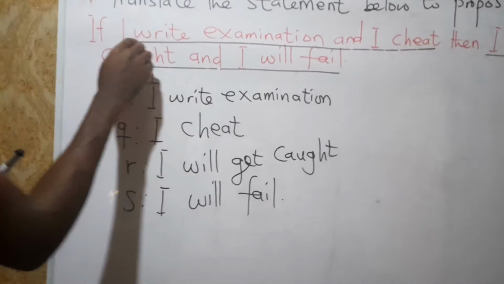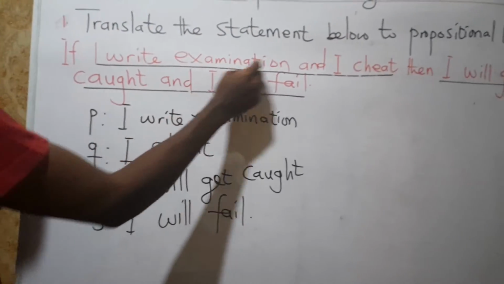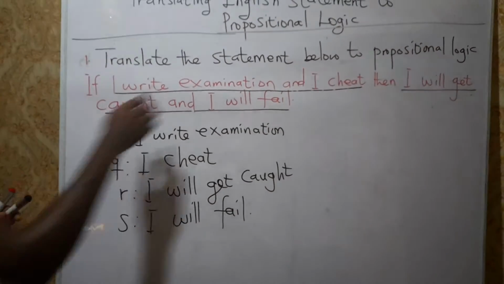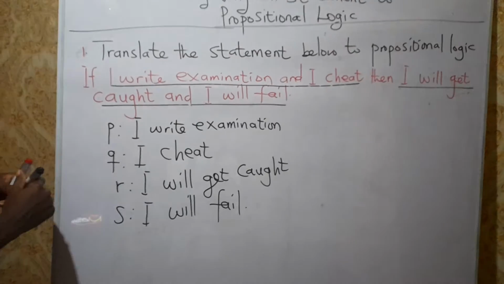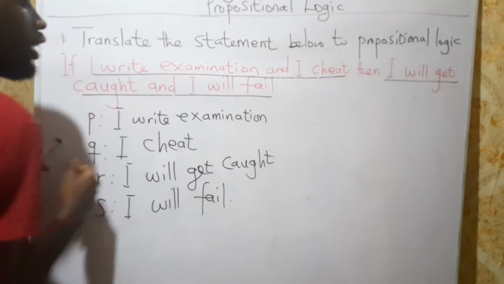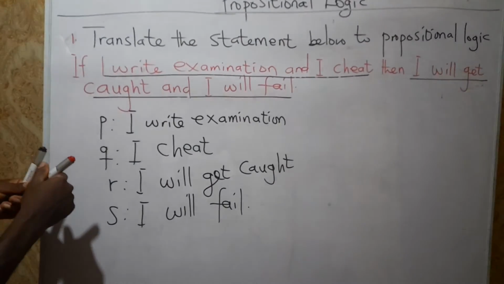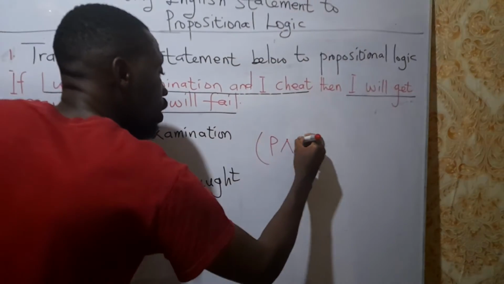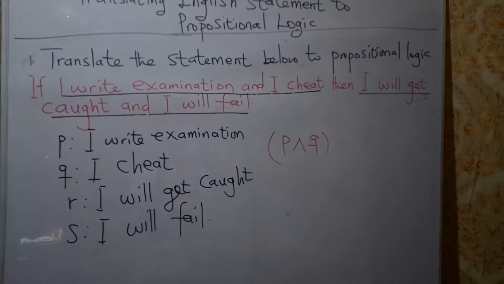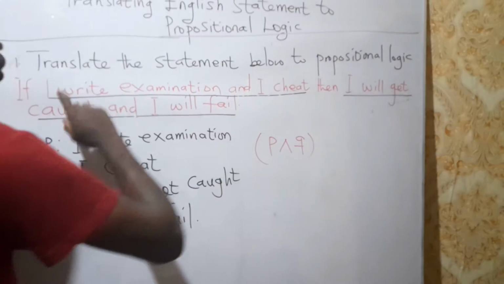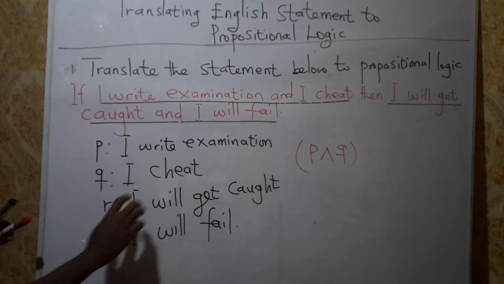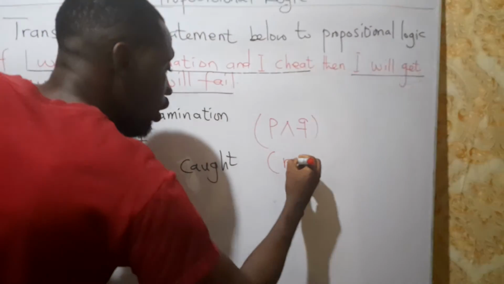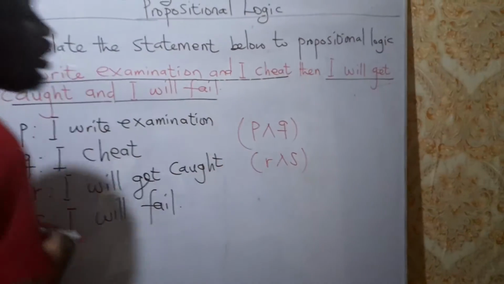Now the first one, I write examination and I cheat. That's P conjunction Q, since and is combining the two. So the first aspect of this statement is P conjunction Q. The second aspect, I will get caught and I will fail, that's R conjunction S.